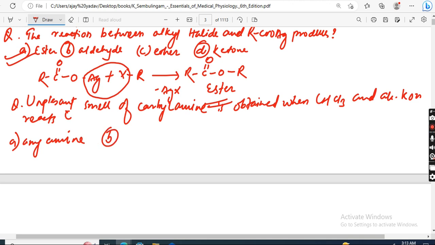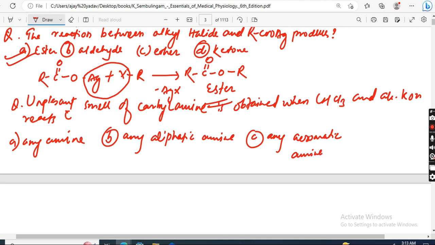B, any aliphatic amine, no. C is any aromatic amine, no. And D is any primary amine. This is right, whether it is aliphatic or aromatic. So any primary amine will actually give what? Carbylamine reaction. Okay.